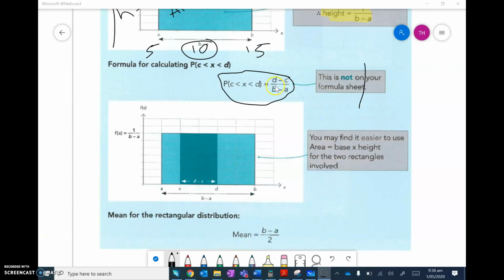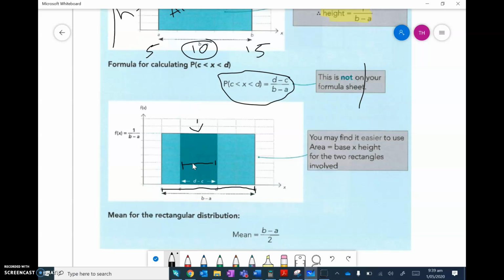The distance of this divided by the distance of this will give you the probability, because you're saying this much out of the entire thing.